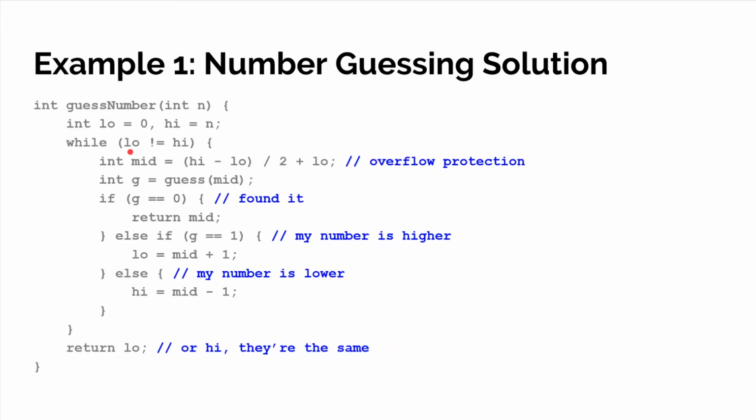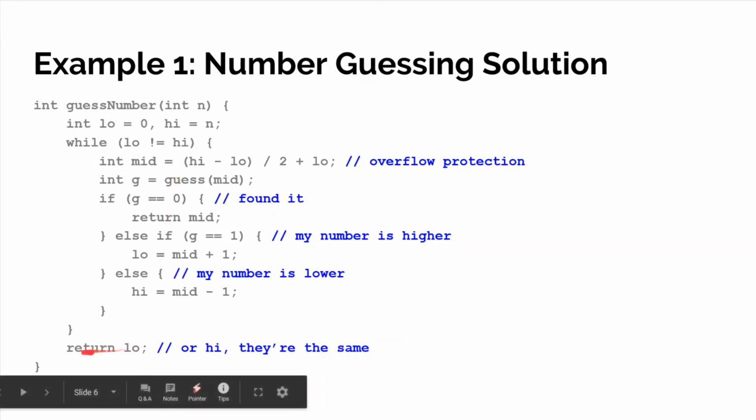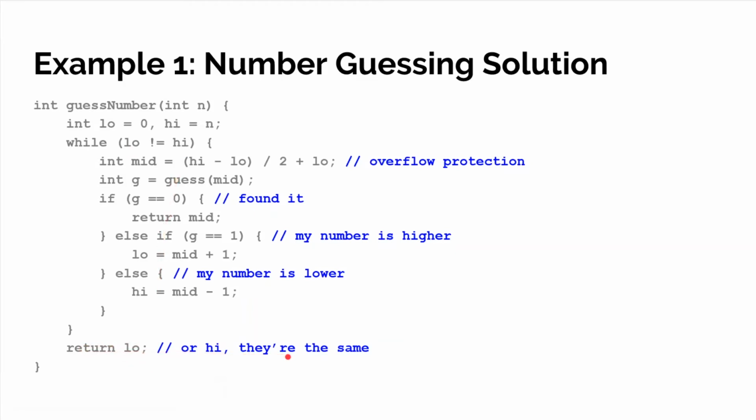But when the number isn't in the list, this will never happen, and when we change the bounds, we might have it that low is actually greater than high. So if low is greater than high, then we know that we're never going to find it, because the bounds are broken. We didn't find anything in between.